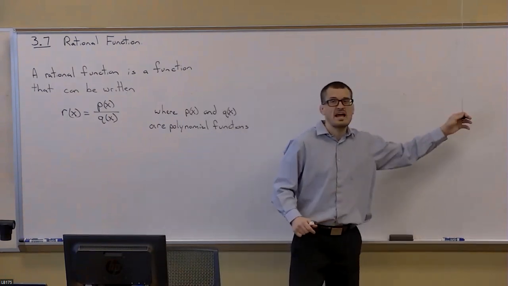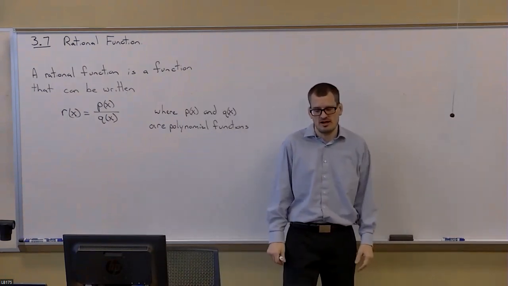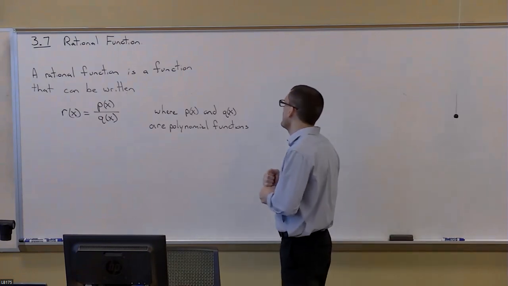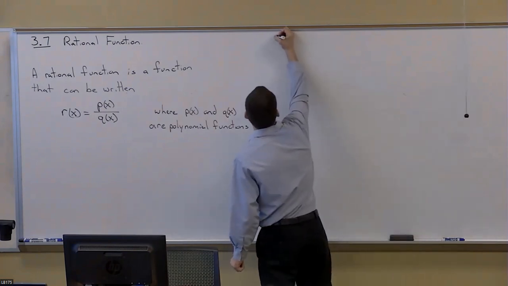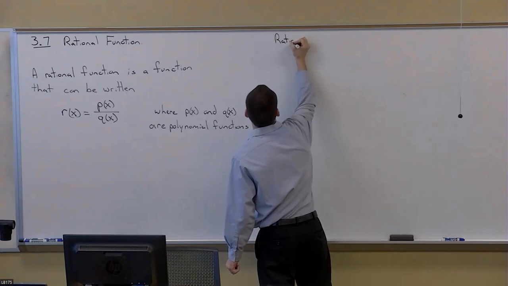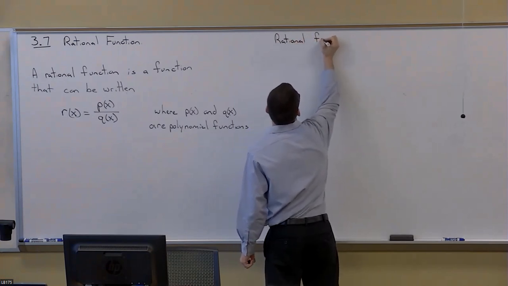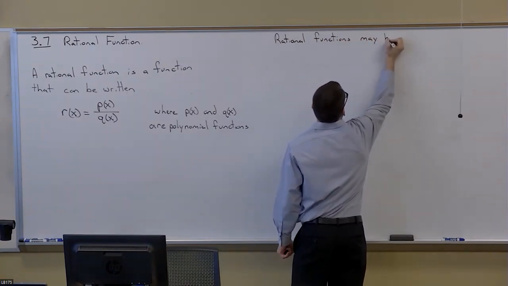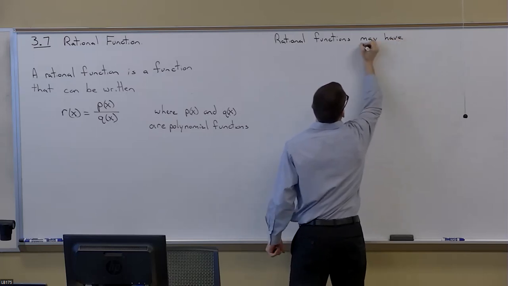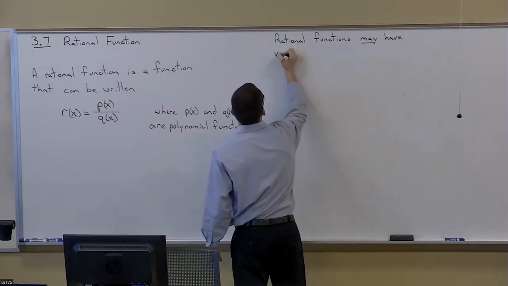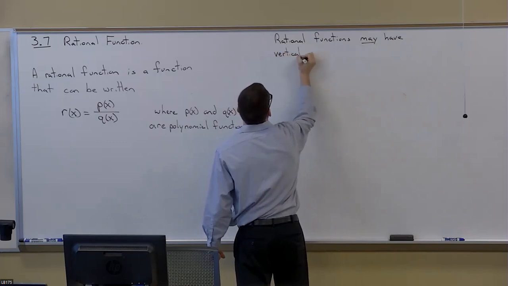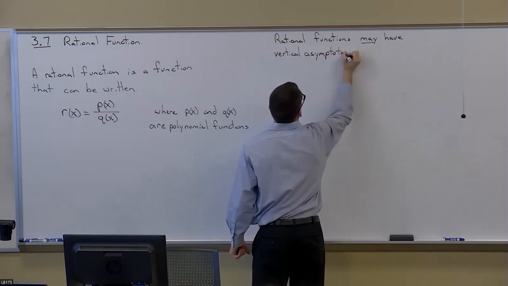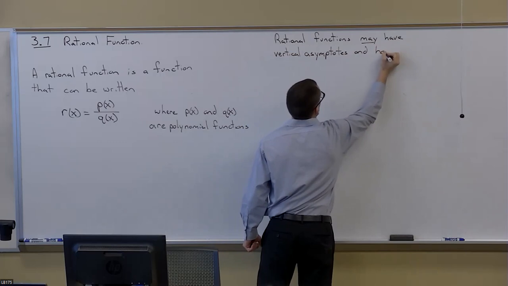And we can look at the behavior of the graph as it comes in from one direction or another. Okay? So let me just write that down. Rational functions may have vertical asymptotes and horizontal asymptotes.